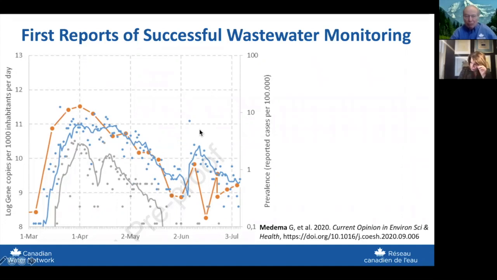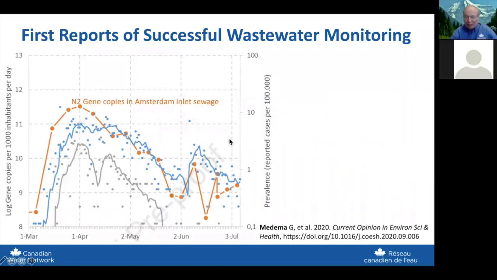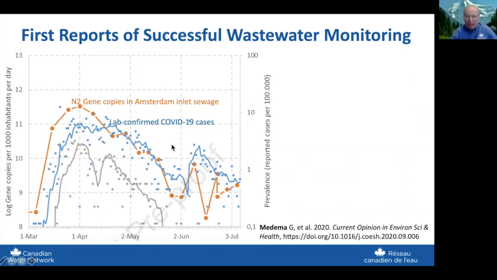So this is one of the earlier sets of results from Amsterdam. The orange line here is the genetic signal that they picked up in Amsterdam inlet sewage. The blue line is an indicator of lab-confirmed COVID cases, and the gray line was COVID hospitalizations. As I say, this is for Amsterdam.